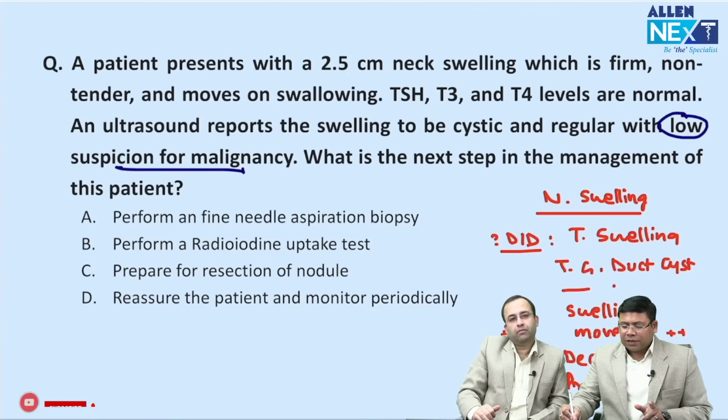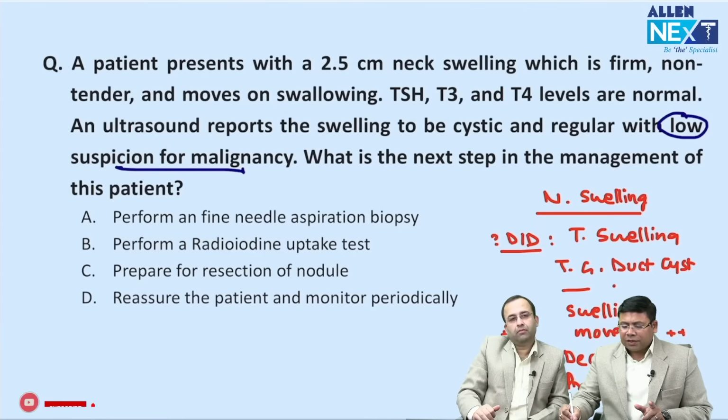If they are seen in males, they are seldom benign, and this is very important. So when you talk about the risk of malignancy, it is seldom benign in males. Next, when you talk about size, thyroid nodules more than 4 centimeters are seldom benign.